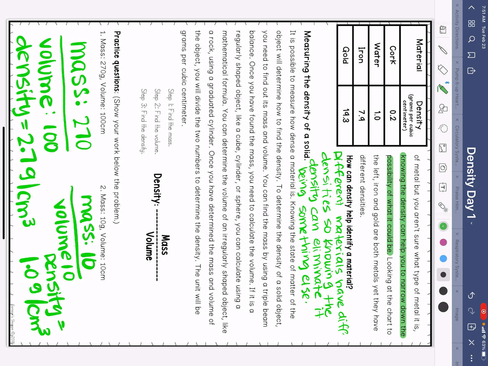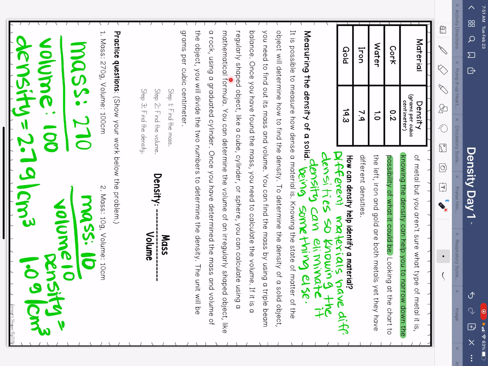All right, so measuring the density of a solid, it's possible to measure how dense a material is. Knowing the state of matter of the object will determine how to find the density. To determine the density of a solid object, you need to find out its mass and volume. You can find the mass by using a triple beam balance. Once you have found the mass, you need to calculate the volume.